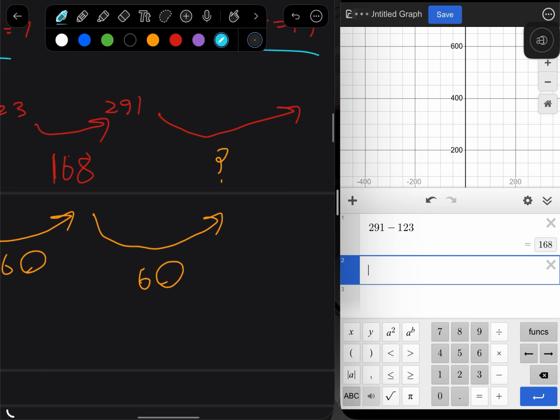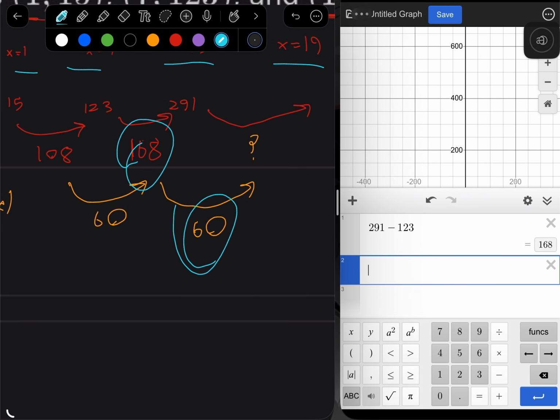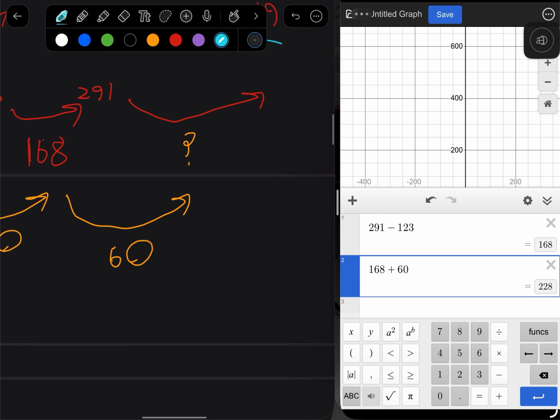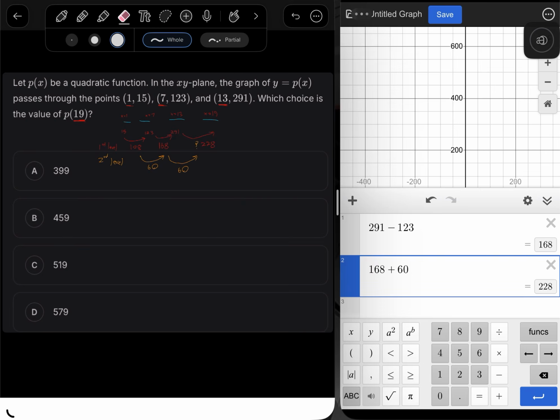Well, now we can actually find the value. Let's calculate: what's 168 plus 60? That's 228. So we're given this value of 228 as our first level difference.